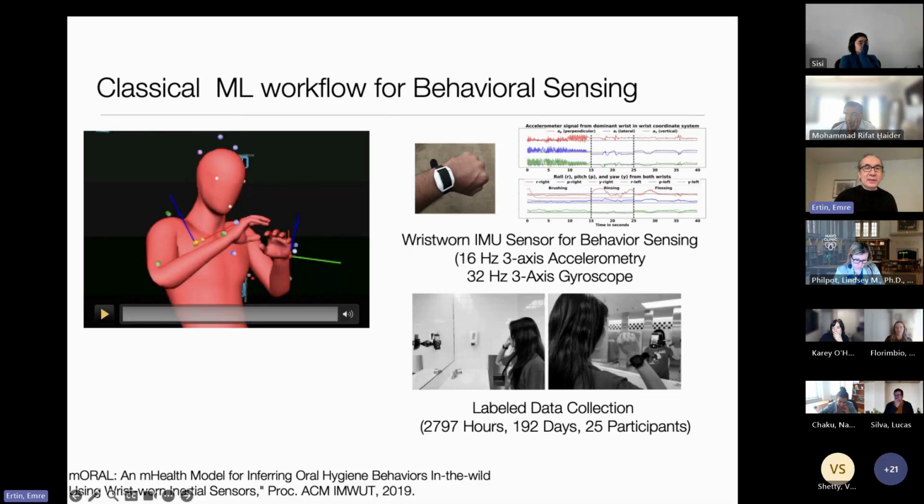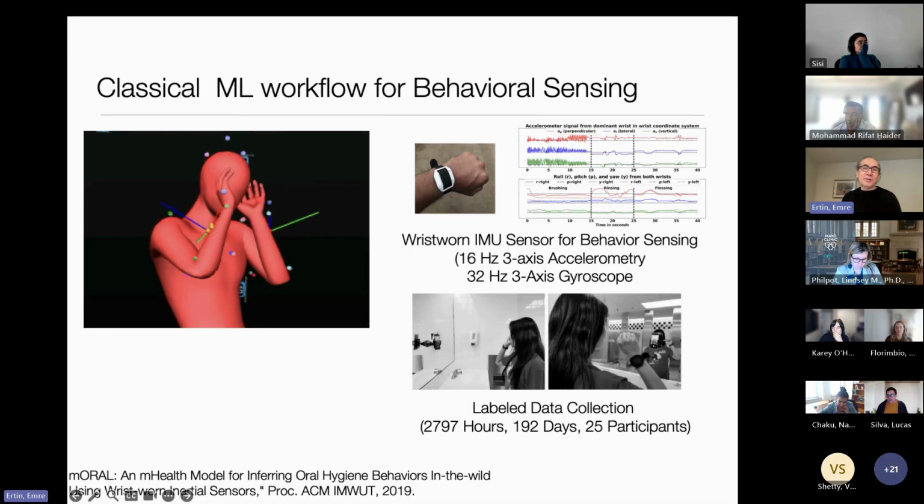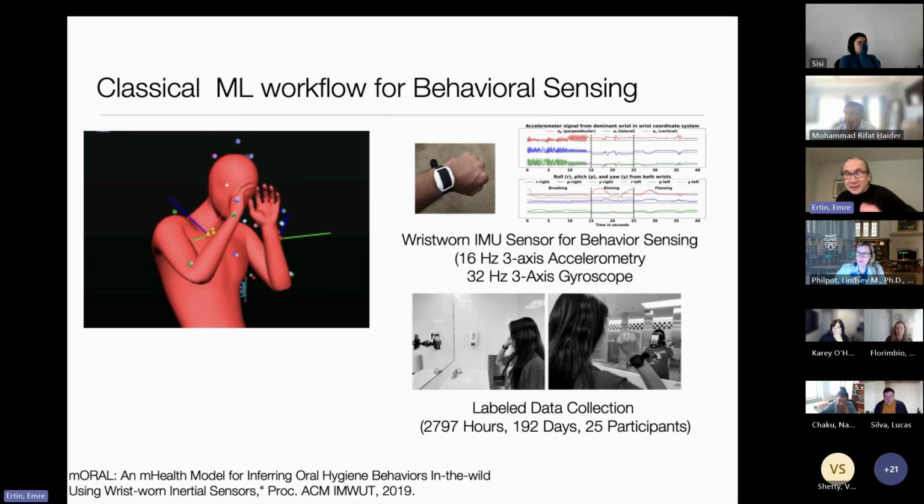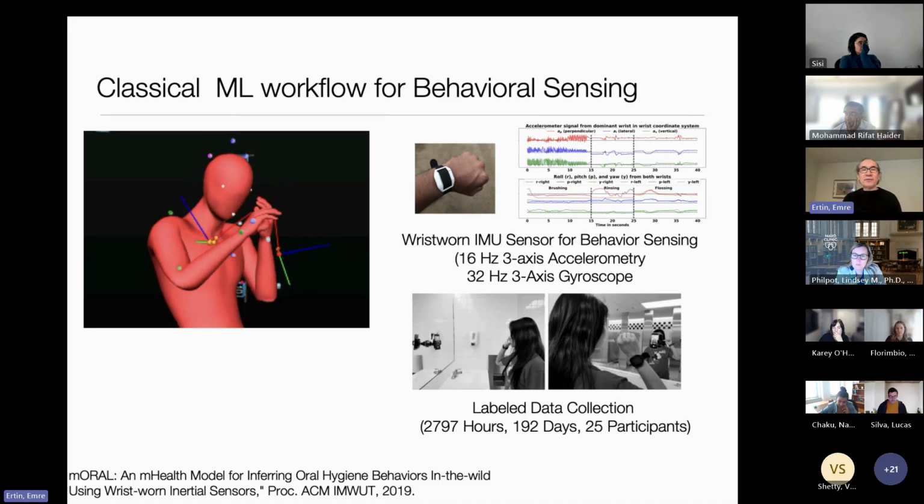So the idea is basically here, you can see it. So we have a subject doing some motion, right? So if you look at it, perhaps you can convince yourself that this particular oral health behavior is flossing. And the idea is, of course, it's somewhat easy to see when you are animating it in 3D, a full skeletal model.